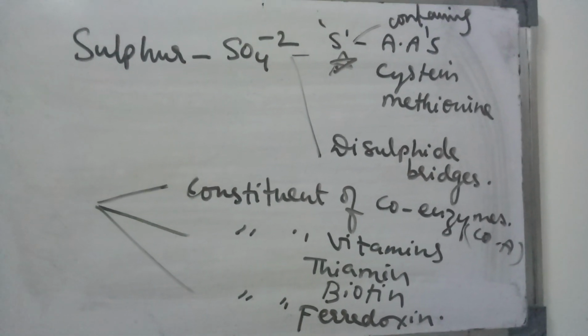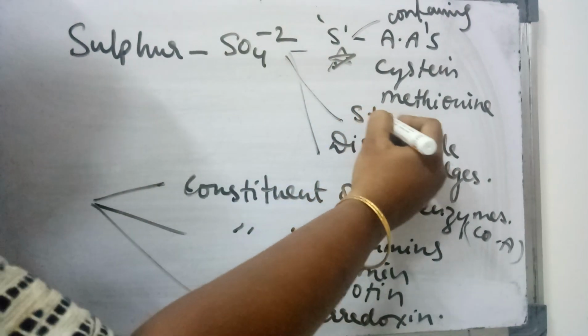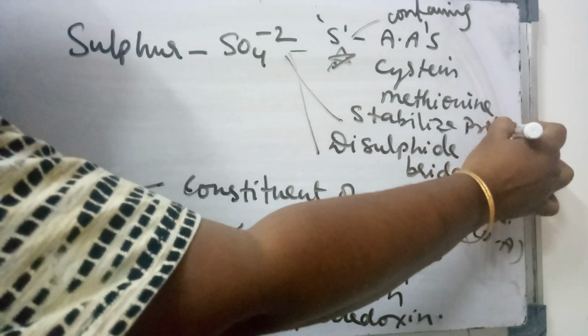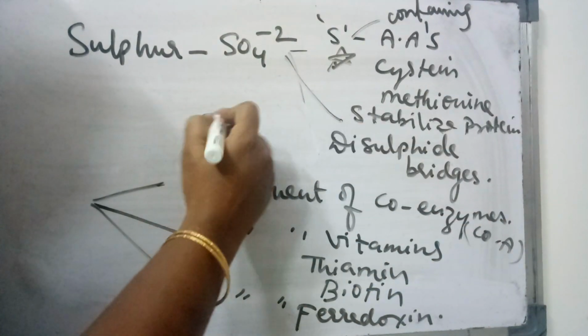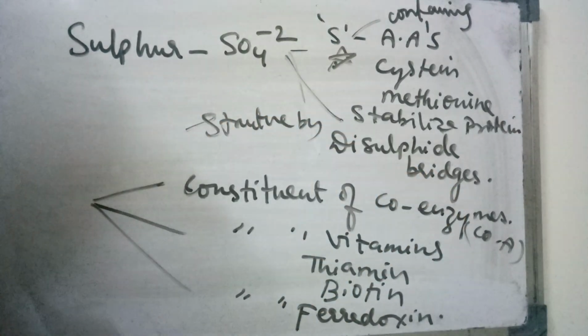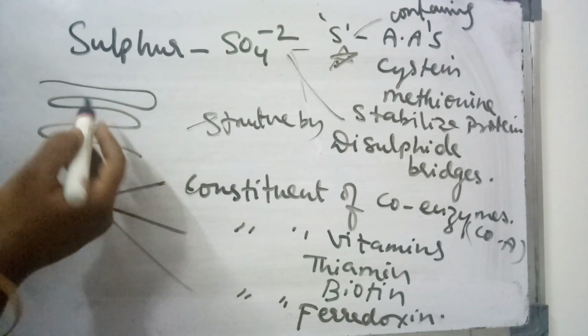And sulfur also stabilizes the protein structure by formation of disulfide bridges. See, protein primary structure and secondary structure will be present.